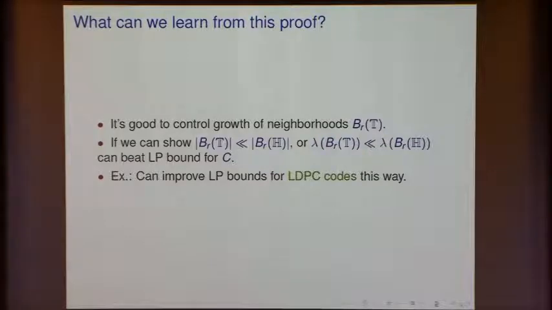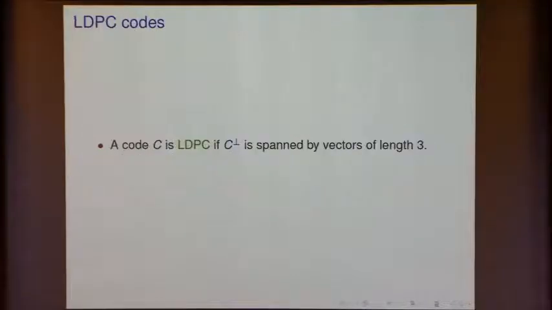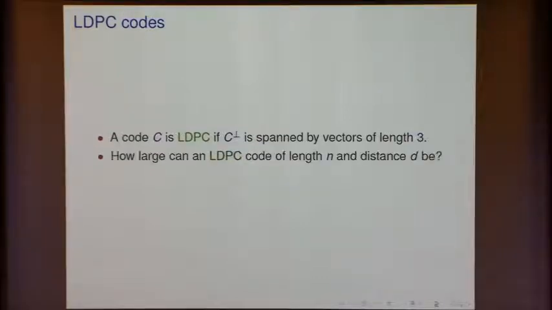Let me give you an example. One can improve the best known bounds for LDPC codes. These are low density parity check codes, which means that their dual codes, the dual subspaces, are spanned by constant weight vectors. Suppose weight 3 vectors. So we can ask ourselves how large this code could be.